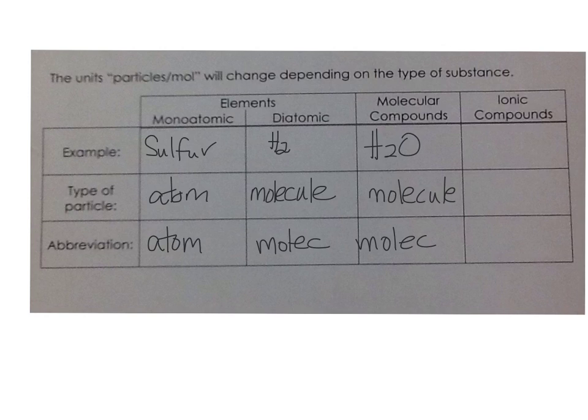Ionic compound. Give me an example of an ionic compound. Anything. Sodium chloride. Okay, the particle for an ionic compound is a formula unit, or an FU for short.